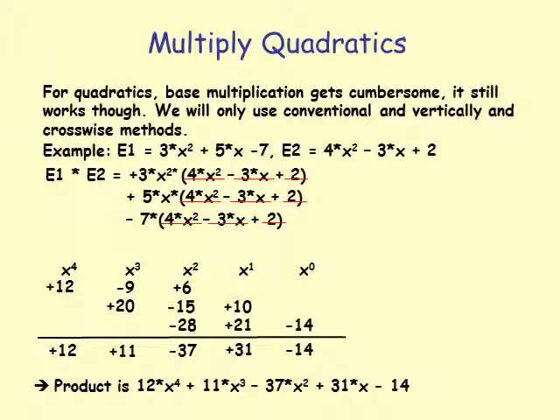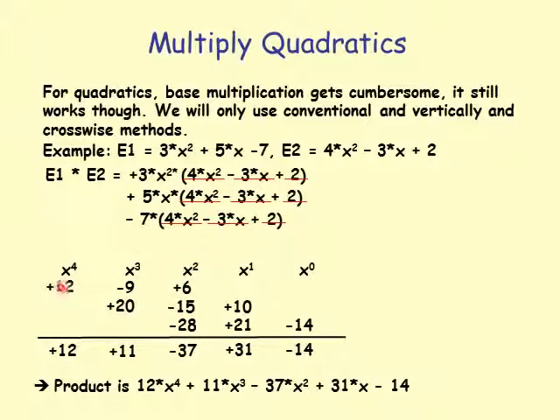Now let's look at this again. We have one product being added up in the x fourth column, 2 in the x cubed column, 3 in the x squared column, 2 in the x1 column, and 1 in the x0 column. So there is symmetry: one product on the right, one product on the left, two products on each side, and in the middle we have 3 products being added up.